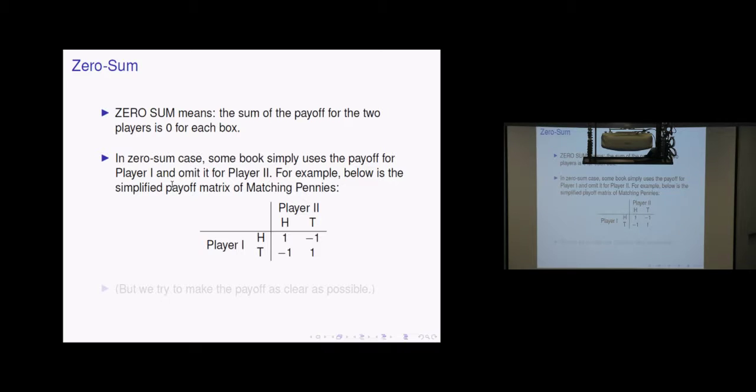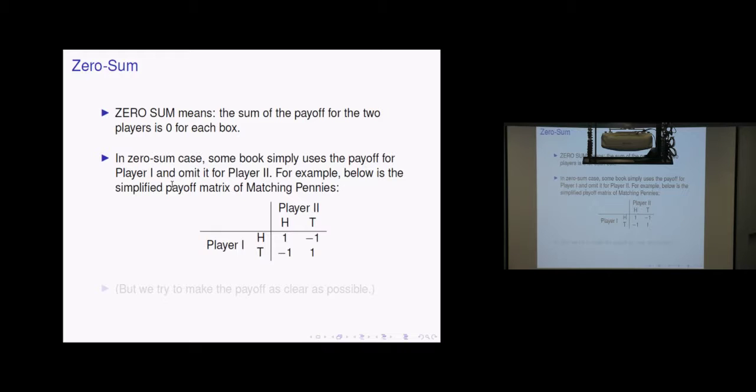In the zero-sum case, some books simply use the payoff for player 1 and completely omit the payoff for player 2. This is reasonable. For example, for matching pennies, instead of having 1, -1, I just have 1. I just record the payoff for player 1.